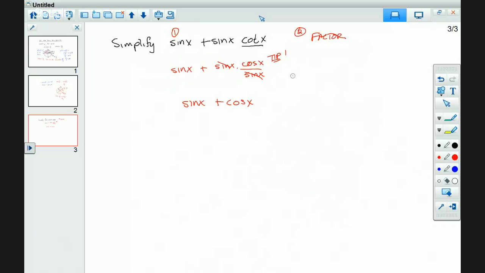Can I factor immediately? What can I take out of both of them? Sine x. It's in both terms. And what's left in here? 1, right? And what's left here? Yeah, cotangent. So there wouldn't be 1 plus 1, because there's a sine, it'd just be 1.